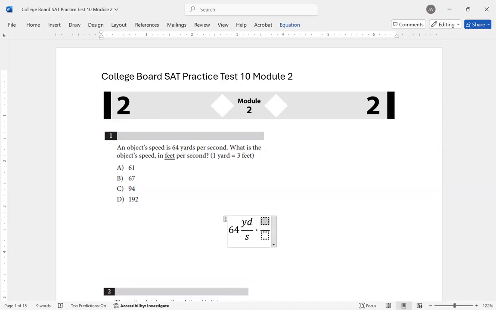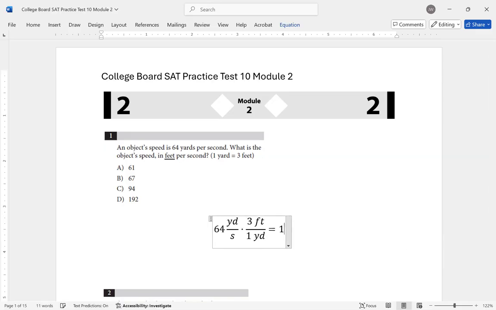So we're going to multiply times a fraction, which is 1, which has feet over yards. And since we want it to be 1, we want to use the fact that 3 feet is 1 yard. So basically 64 times 3 over 1. The yards will cancel out and the feet will be left.